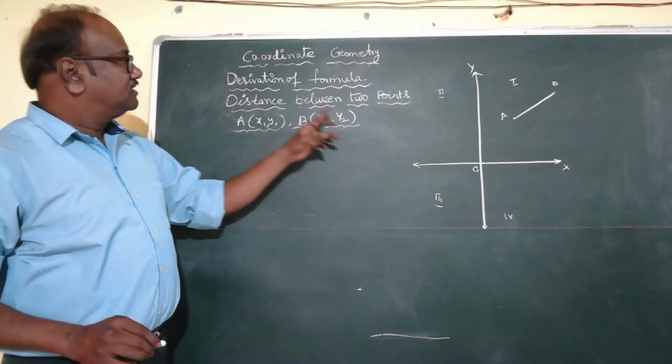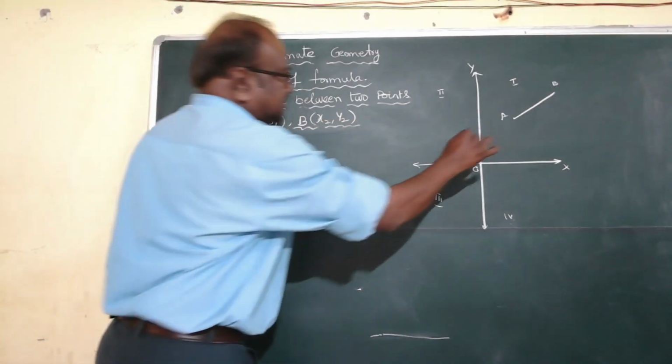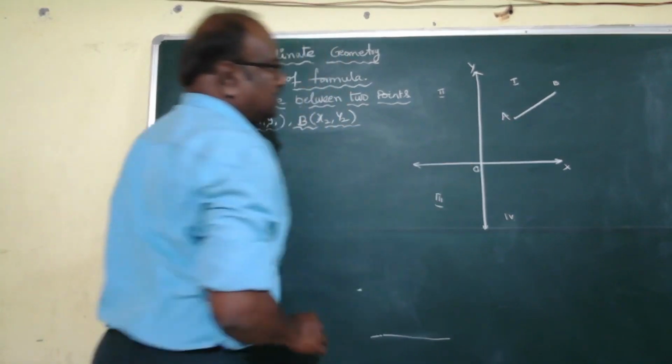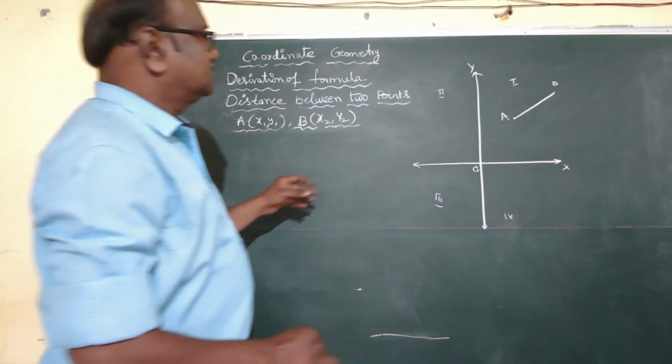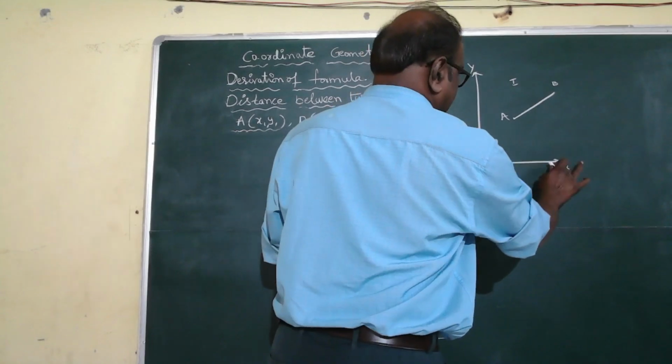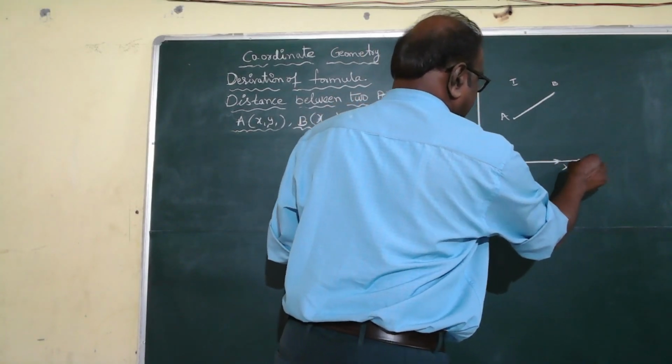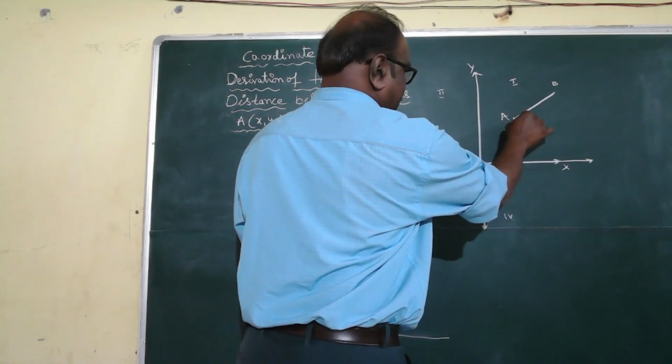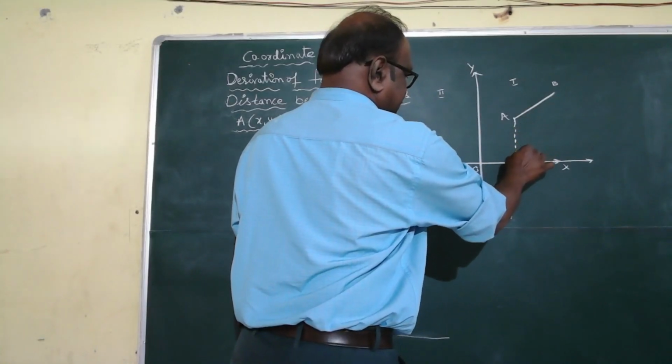Now let us derive the formula to find the distance between 2 points A (x1, y1) and B (x2, y2). Let us draw a perpendicular from A to the x-axis.